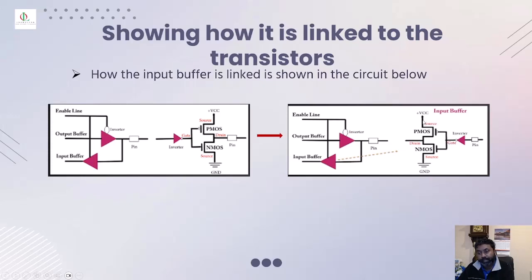So when there is enable line 0, it inverts and the PMOS gets activated. So whatever you get there will go out. So the output is set. If the enable line is 1, then the PMOS goes to sleep or inactive mode. NMOS is wide awake, so therefore you get a logic 0. So that's how the transistors are linked.